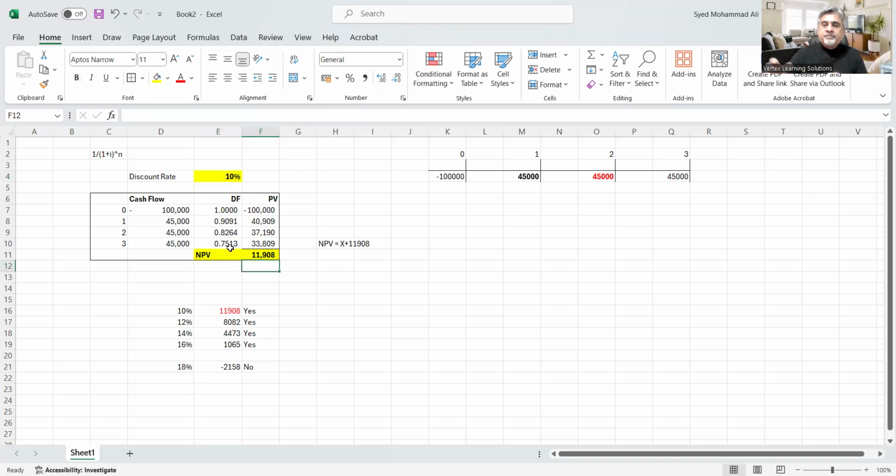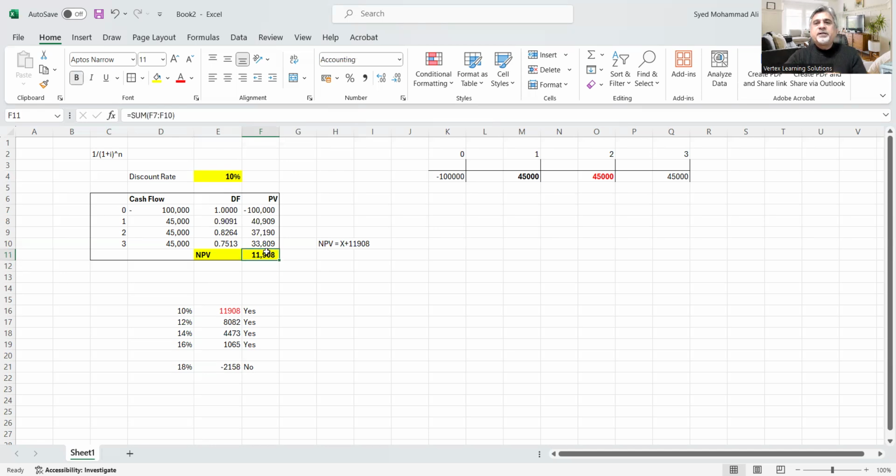I will pay my providers of finance their 10% return, and still I will have $11,908 with me. So that project adds value to the business, because the business will invest this money, make some profits, pay our 10% cost of capital out of those profits, and still have 11,908 in the company.